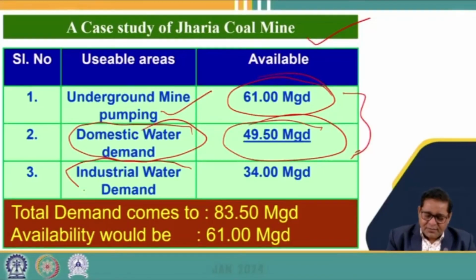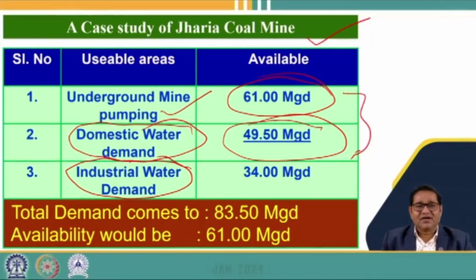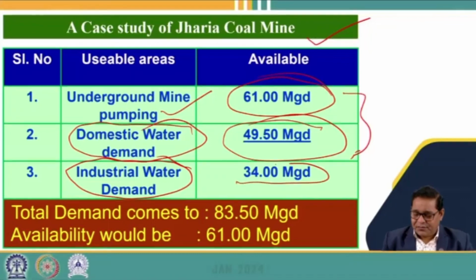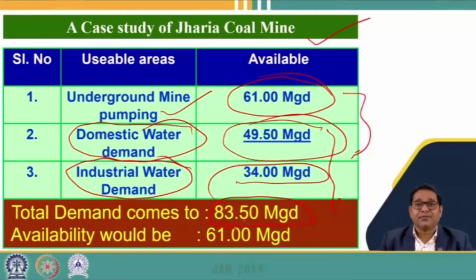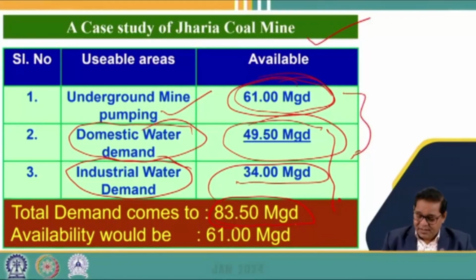Apart from the domestic water demand, there is an industrial water demand of 34 million gallons per day in this area. So together, the total demand comes to around 83.5 million gallons per day. Of this, we can use 61 million gallons per day from the mine water available from underground mining.